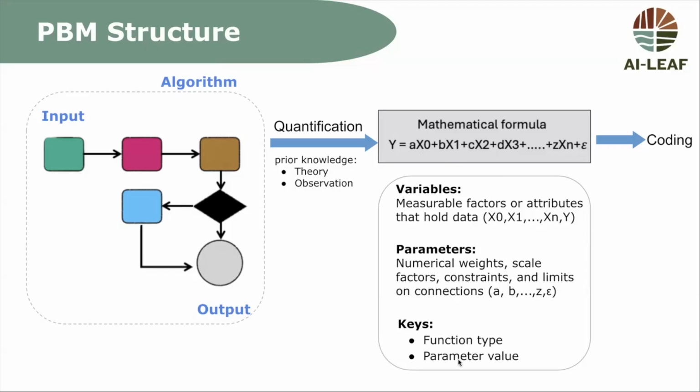That's why those two parts are very important to the process-based model. After we get the functions, we do the coding work with different programming languages. So it's just a simple structure and way to achieve process-based model construction.